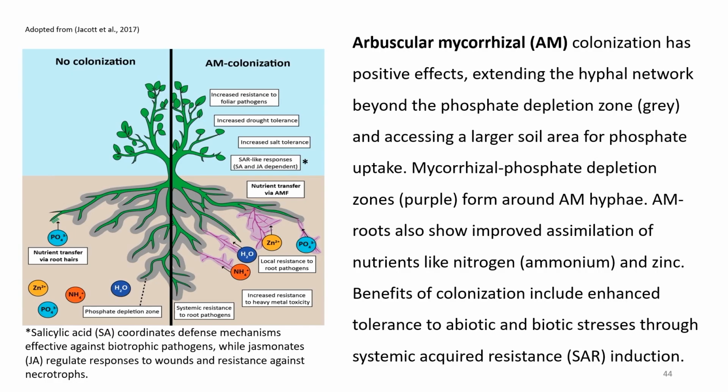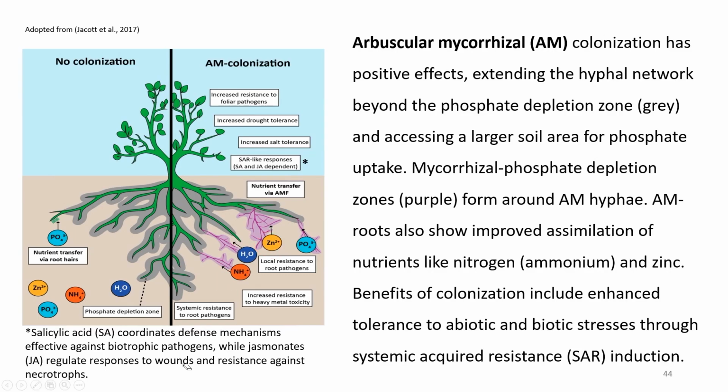Mycorrhizal phosphate depletion zones, which are the purple ones, form around the arbuscular mycorrhizal hyphae, as you can see in this picture, and show improved assimilation of nutrients like nitrogen in the form of ammonium, and also zinc.